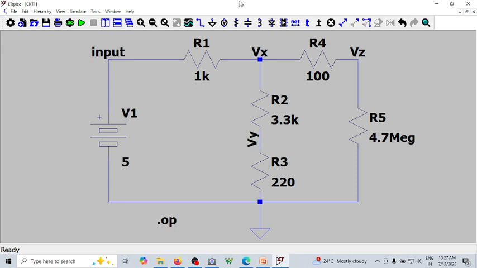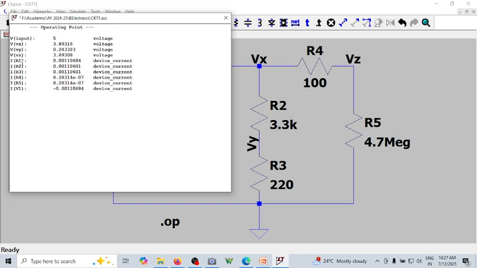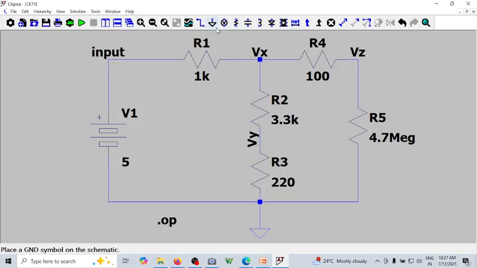Now, can you see this is also in terms of input, Vx, Vy, Vz? Earlier it was in terms of V of N001, V of N002. We were totally amazed, wondering which is this N001, N002. Now there is no confusion. You can easily know what the voltages are.